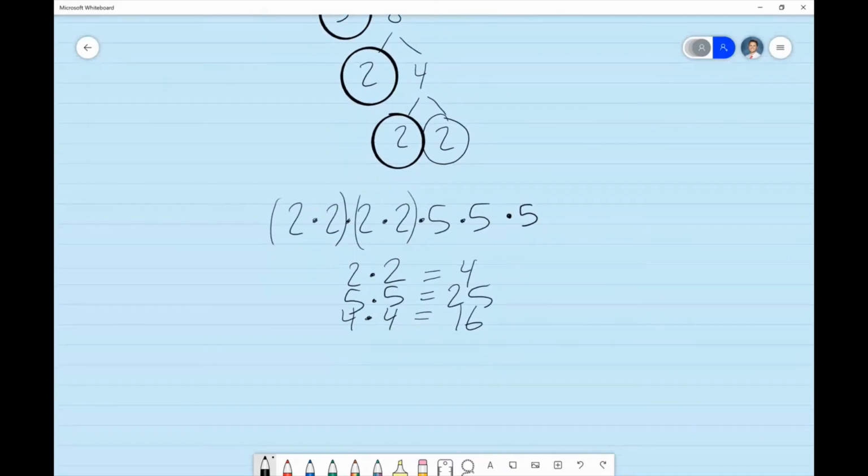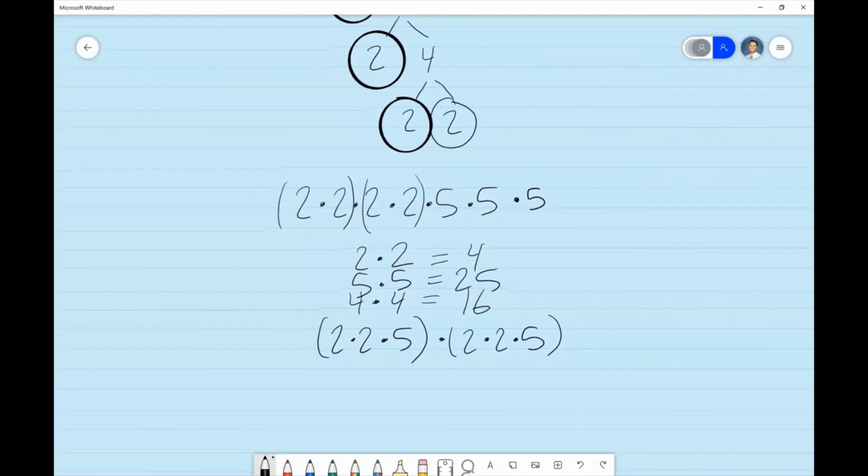And then we can even do another one if we do 2 times 2 times 5, times 2 times 2 times 5. We would have 4 times 5, which is 20, multiplied by 4 times 5, which is 20, for a total of 400.